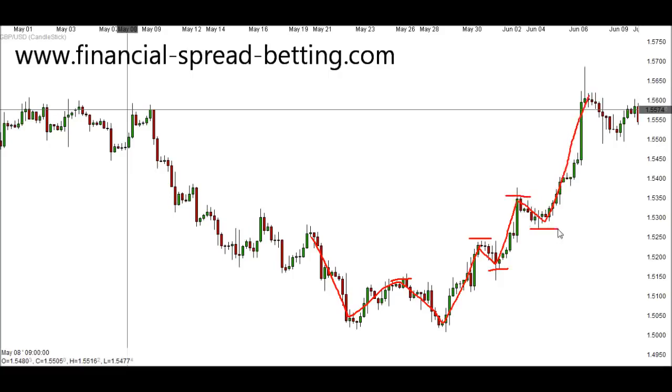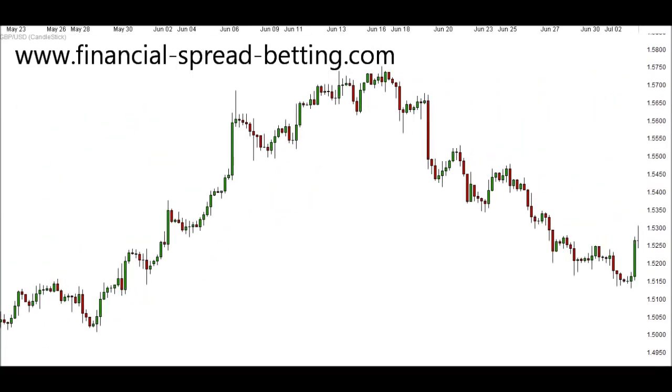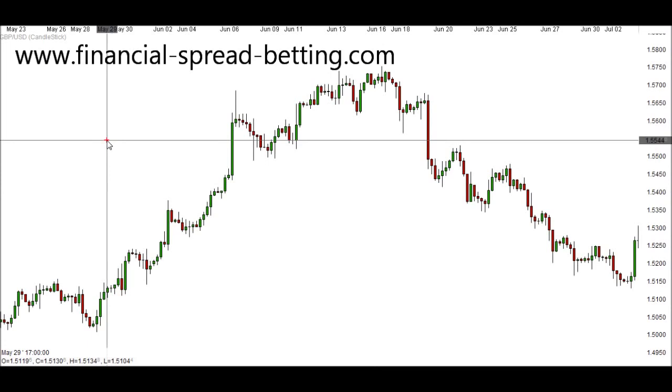Higher high, higher low. So let's look and see what happens to this uptrend. So price comes up, a series of pushes and pullbacks, and then the uptrend comes to an end and goes through another downtrend. Here are our higher highs and higher lows.